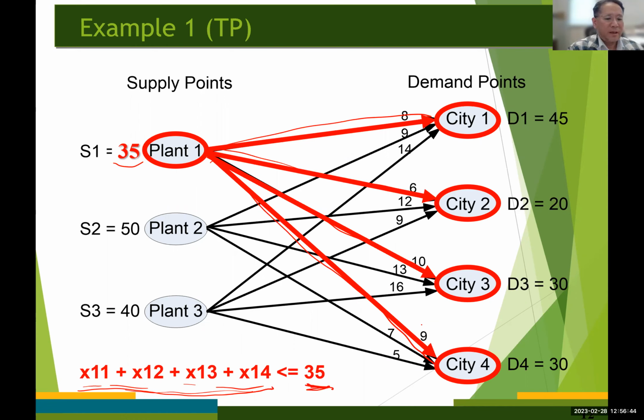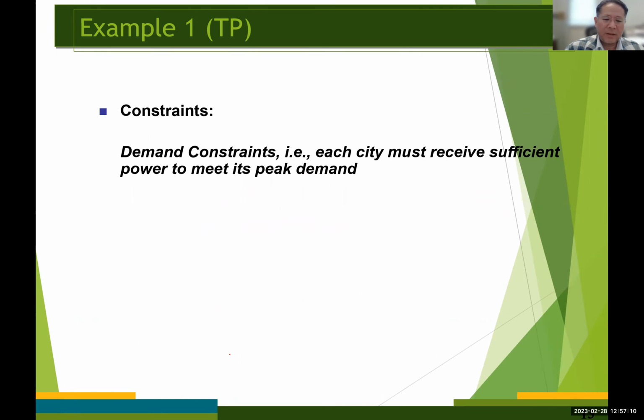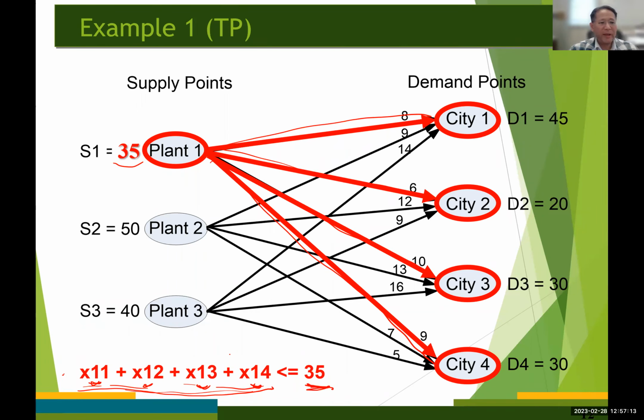Of course, in this first constraint, the first subscript of 1 represents the shipment of power from plant number 1. In a similar way, we can also find the constraints for the capacities of plant number 2 and plant number 3.